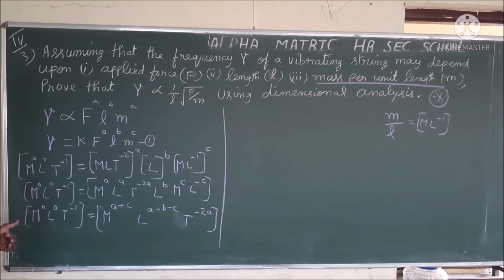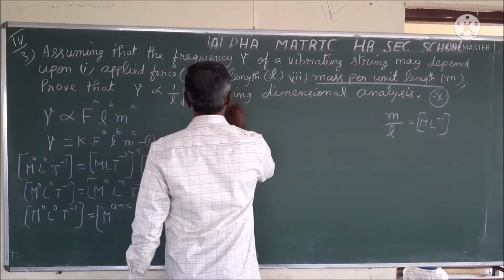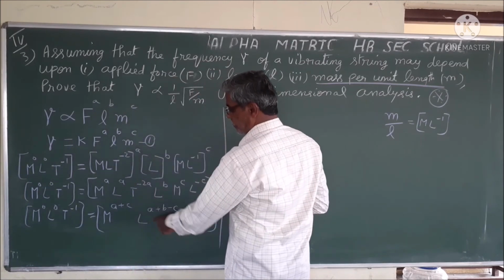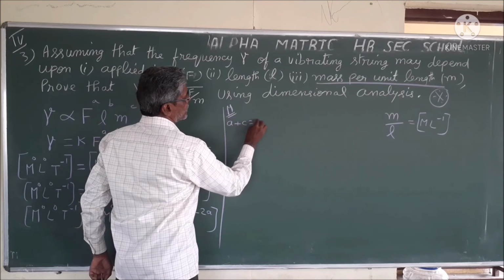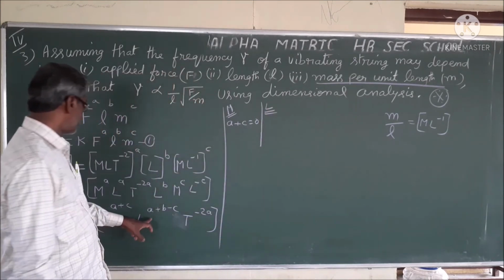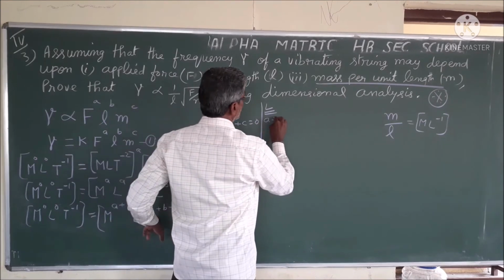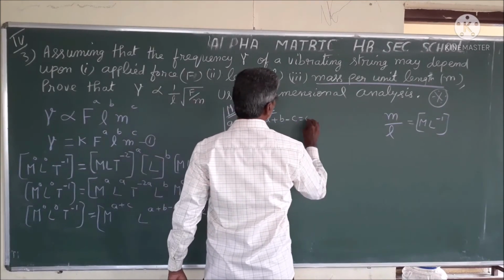Now what is the second rule? Equate the powers of the dimensions. So for M, a plus c is equal to 0. Next you take L: a plus b minus c is equal to 0.